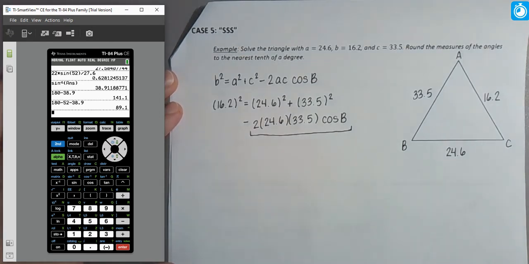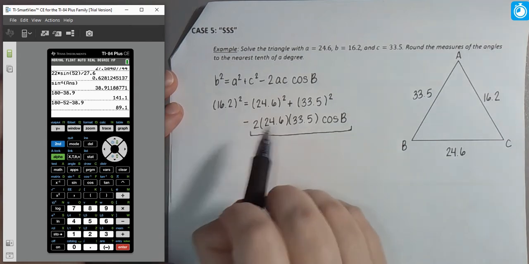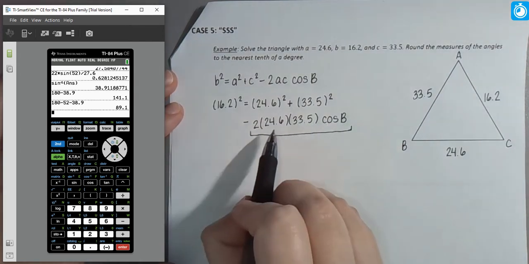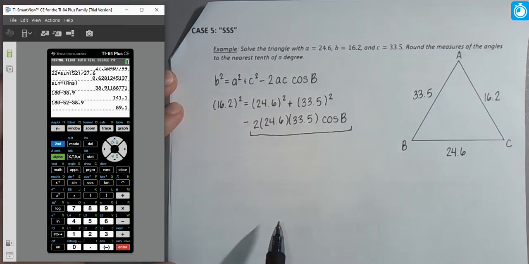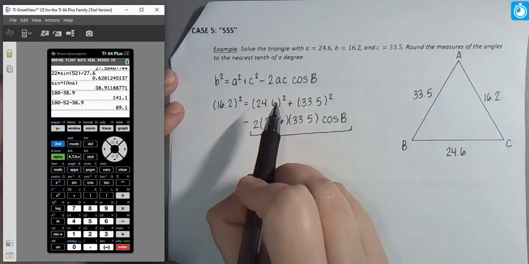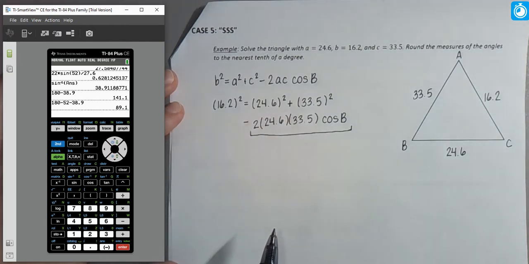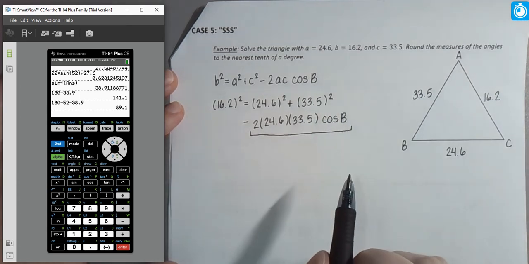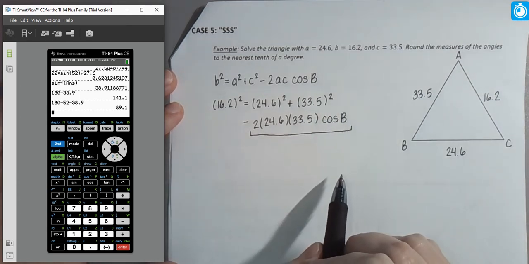So you cannot combine those constants with what will be the coefficient for this cosine because those are attached to the cosine. So essentially, we're going to need to simplify just a little bit at a time, move some things around, and isolate our cosine of B. But we have to do it very, very carefully.